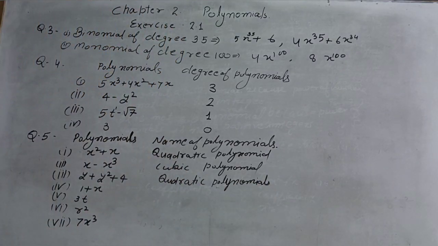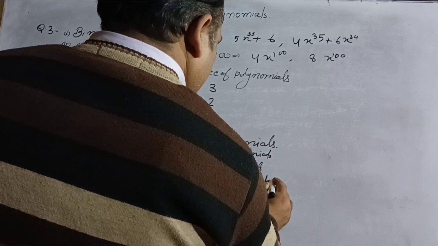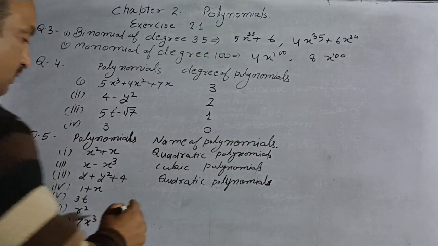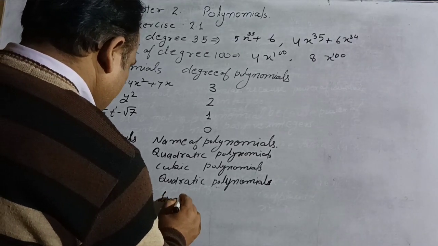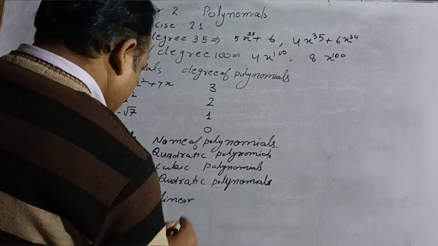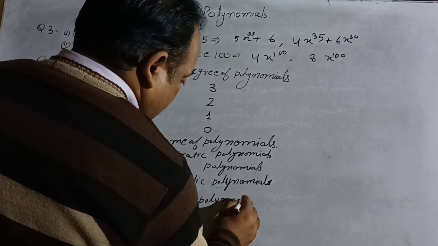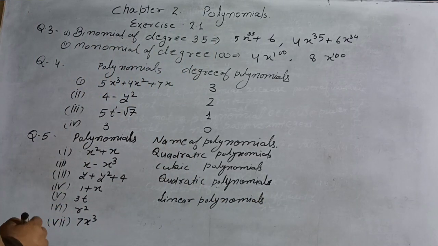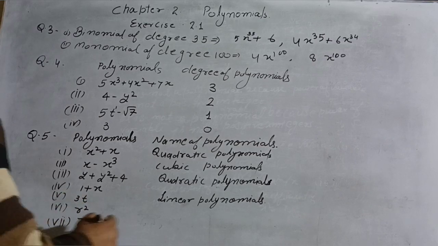Here it has one power, therefore linear polynomial. It is also a linear polynomial because the power of the variable is equal to 1.